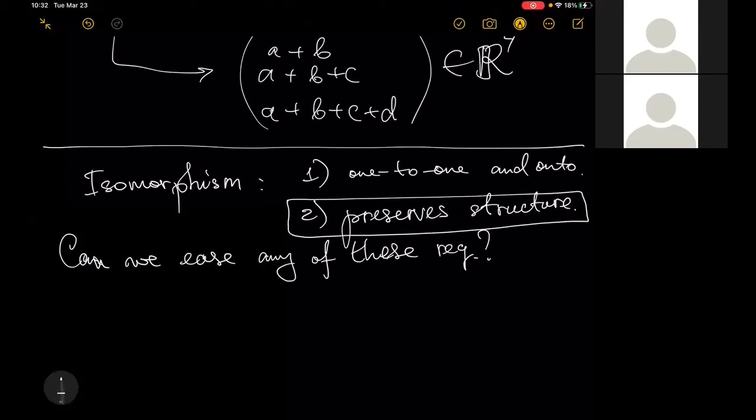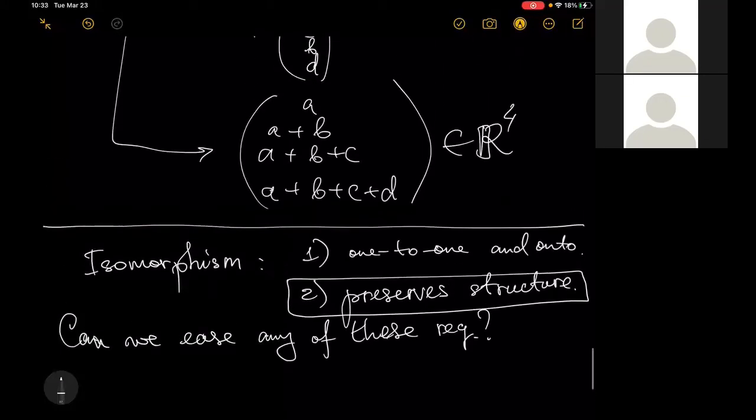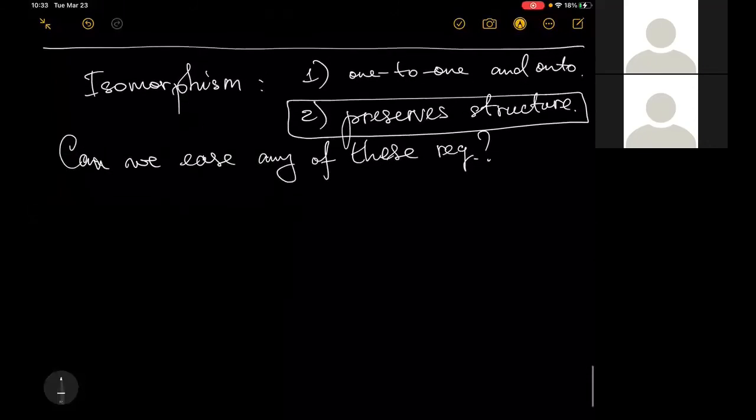So why it's important? Because you remember, if we have a vector space, then if our map preserves structure, we will get something at least very close to the vector space, right? Again.